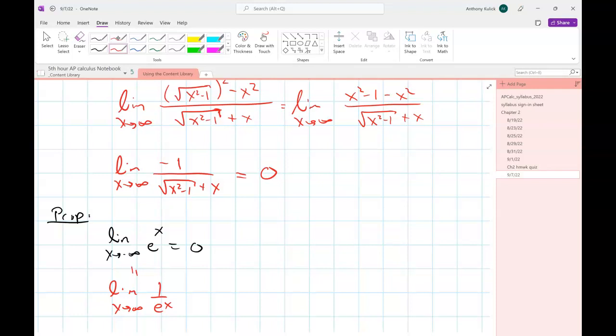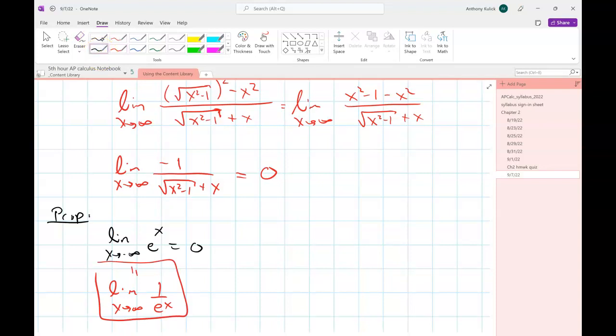Because if I put a negative in the exponent, it makes a reciprocal, right? And if I have 1 over something huge, what's that going to? 0, right? That's my justification for it.